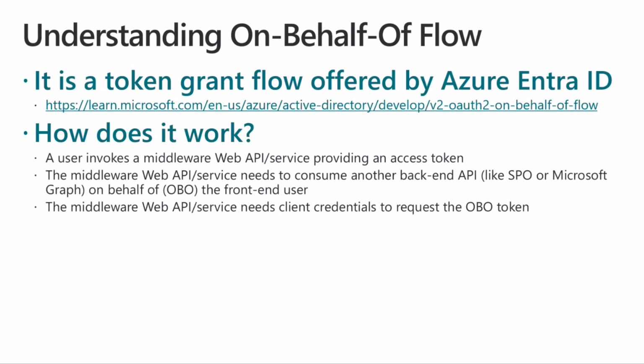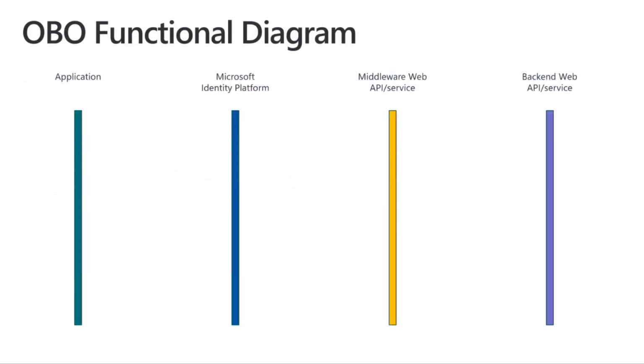This is a really powerful scenario because it allows you to act on behalf of a user, even if you are in a middleware or backend infrastructure. Just to give you an idea, this is what happens when you use the OBO flow, or the on-behalf-of flow. You have an application, which could be, for example, your SharePoint Framework web part.